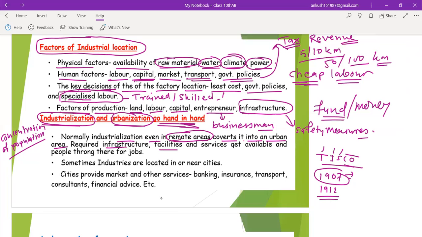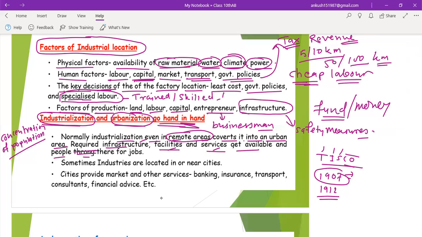Required infrastructure, facilities and services become available, and people are involved in their jobs there. Understood? With the availability of facilities, infrastructure and services.